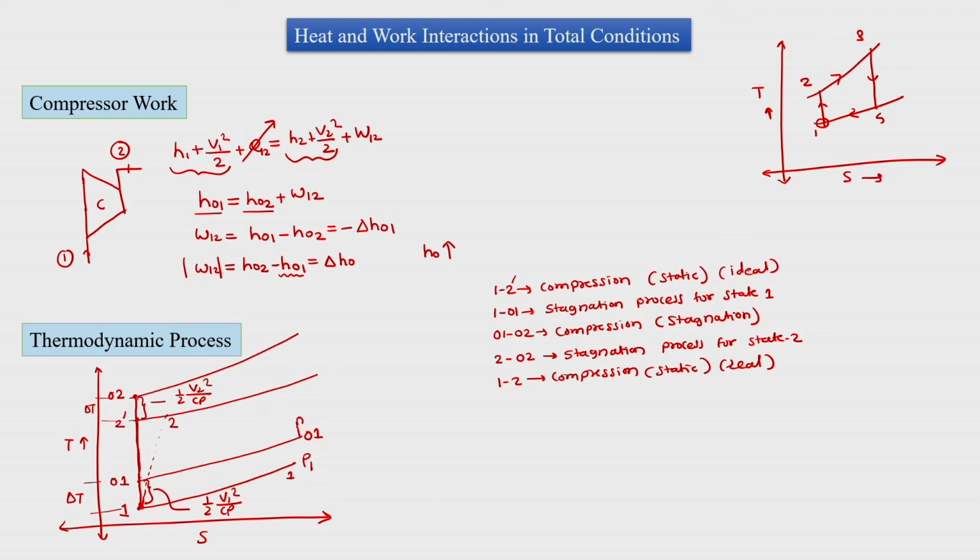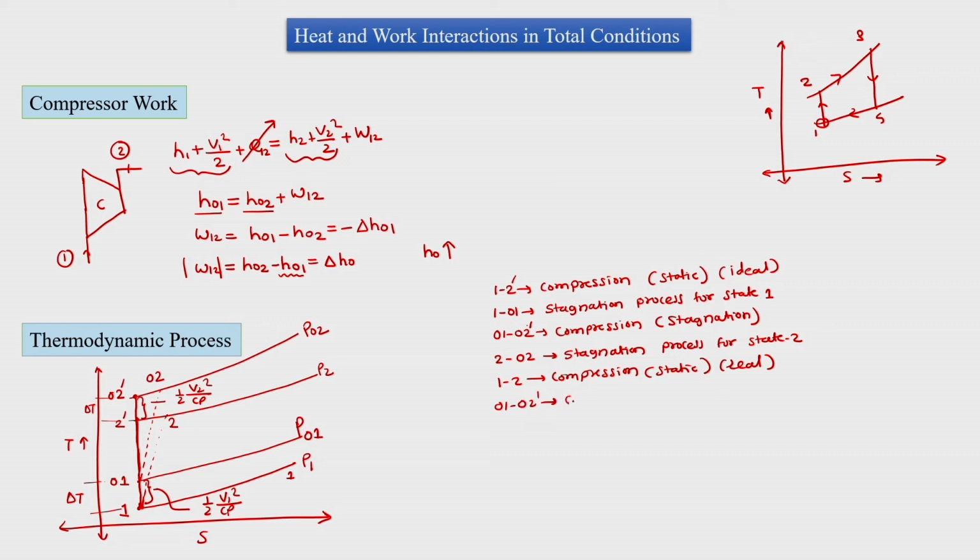So, P1, this is P01, this is P2 and this is P02, but really we are now accounting velocities. So, it will become 0-1 to 0-2 dash.